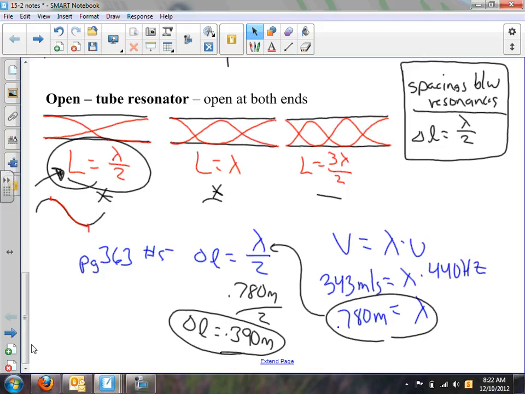So if you can find a spot in that tube where it gets louder, and if you go another 39 centimeters longer, it should get louder again, and louder again, and louder again for that particular one. Every 39 centimeters or 0.39 meters.